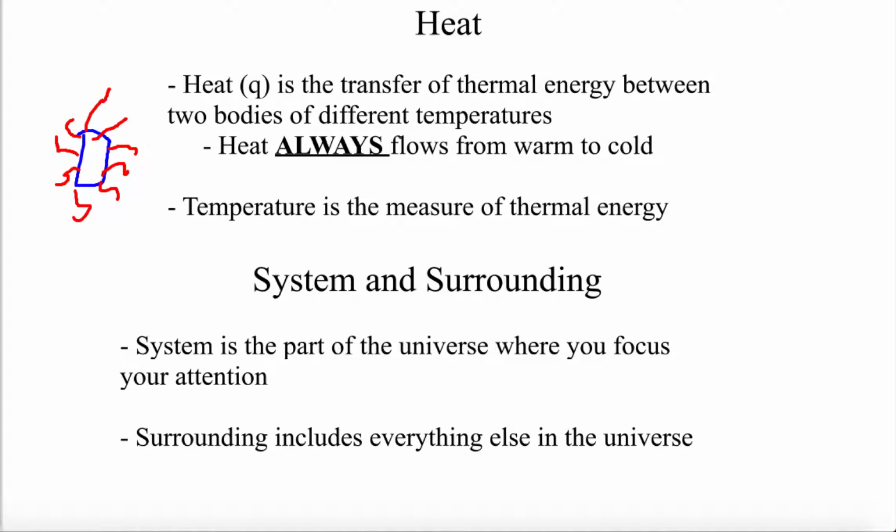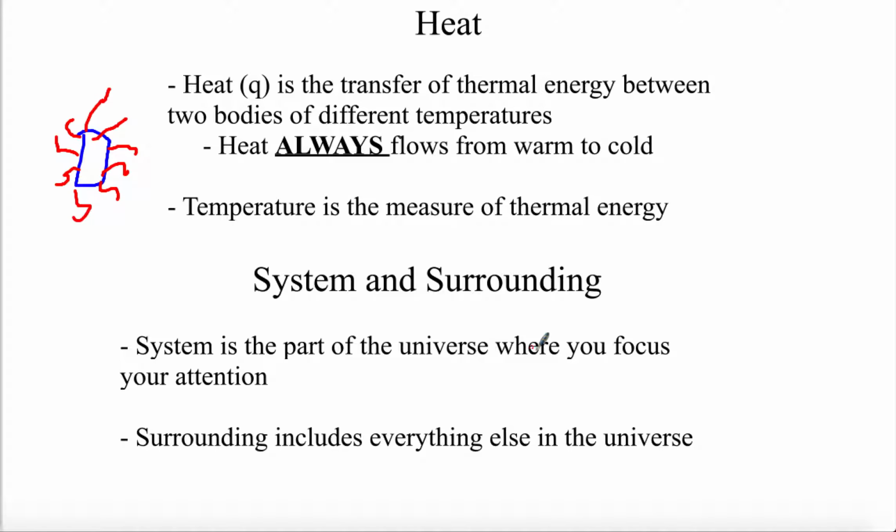Temperature is just the measure of that thermal energy. So we've talked a lot about temperature being a measure of energy. Whenever we talk about temperature now, we're going to discuss that as a measure of the thermal energy. Some other terms that you're going to see come up: system and surrounding. This is just discussing the whole scenario, or what it is that we're actually working with. The system is just the part of the universe where we're focusing, while the surrounding is going to be everything else.